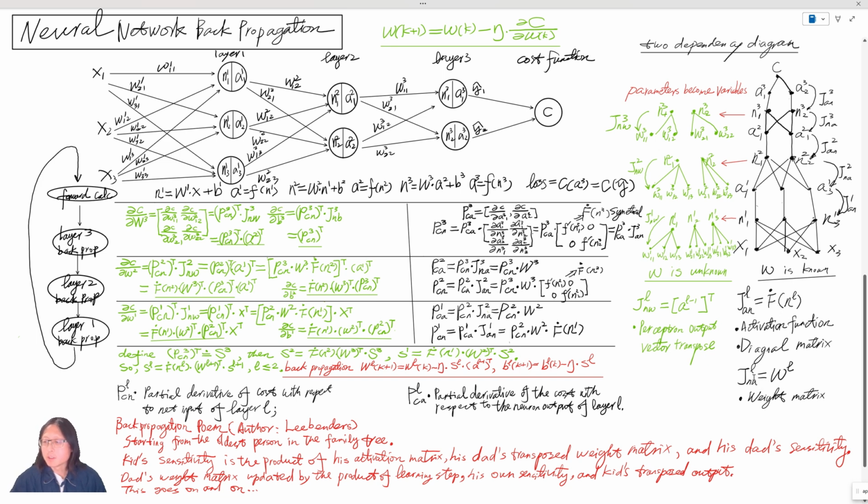And also, the Jacobian matrix between the net input and the neuron output of the layer before is actually the weight matrix, which also makes it easy to calculate. And meanwhile, in the green dependency diagram, the key Jacobian matrix between the net input and the weight is actually the neuron output of the last layer's vector transpose, which is available once you go through the forward calculation.